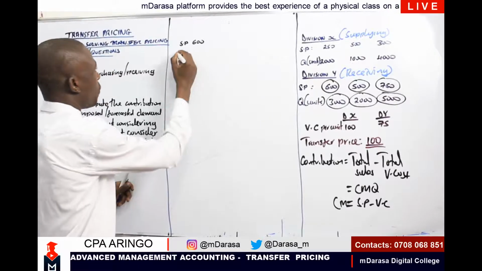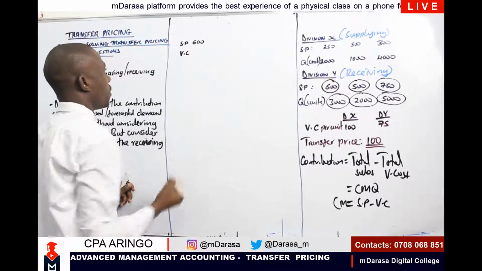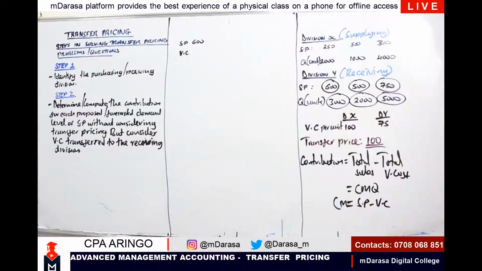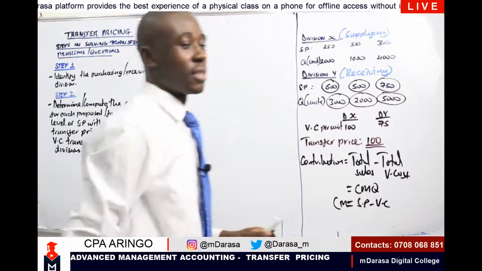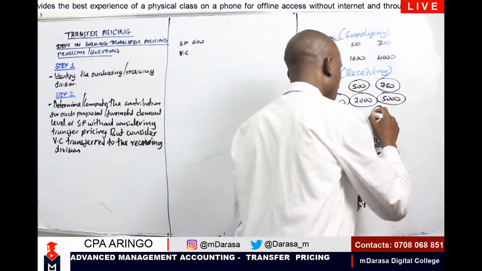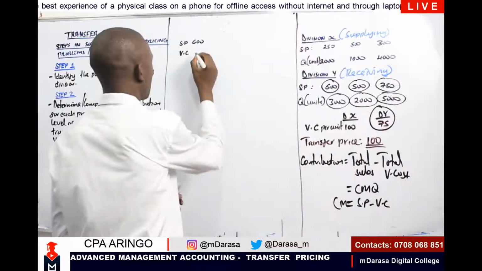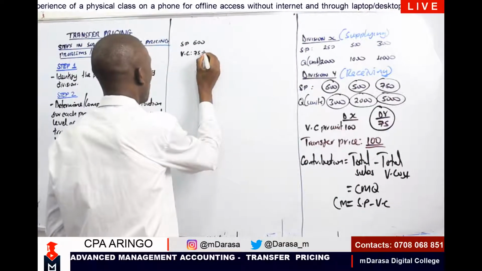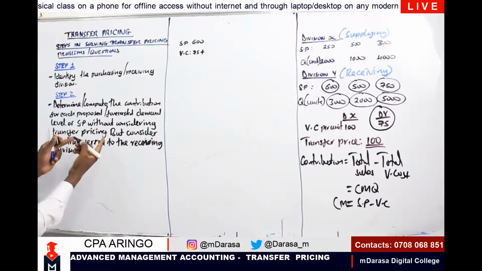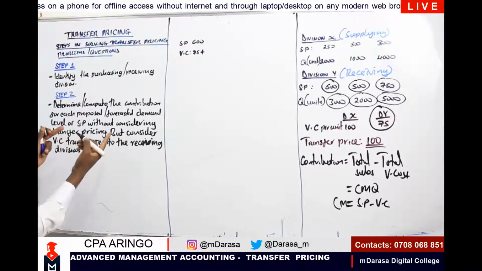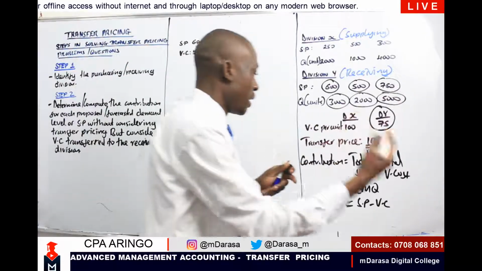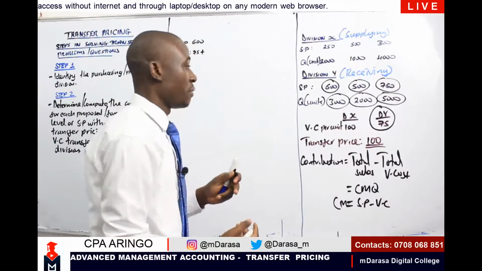We less our variable cost. My variable cost in this case, how much are we going to take? I'm going to take the variable cost of the receiving division, which is 75. We add what? We need to transfer the variable cost of the selling division to the receiving division.